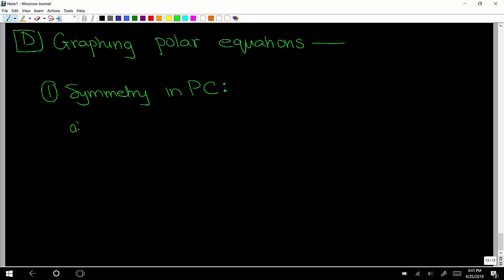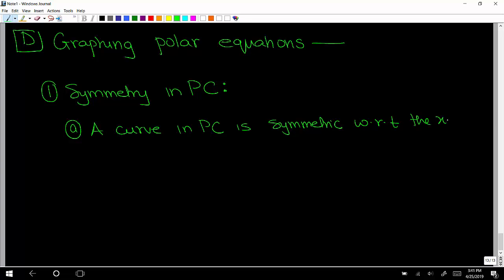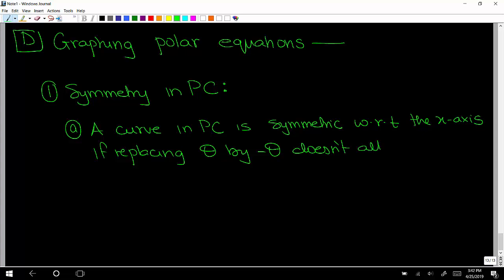So the first thing is we can say that a curve in polar coordinates is symmetric with respect to the x-axis if replacing theta by minus theta does not alter the equation.